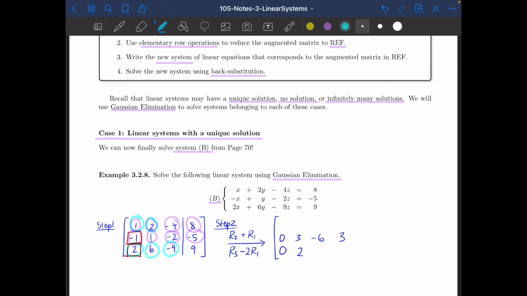Next, minus 9 minus 2 times minus 4, that's minus 9 plus 8, which is minus 1. And finally, I have 9 minus 2 times 8, so 9 minus 16, which is minus 7. And the first row stays the same: 1, 2, minus 4, 8.